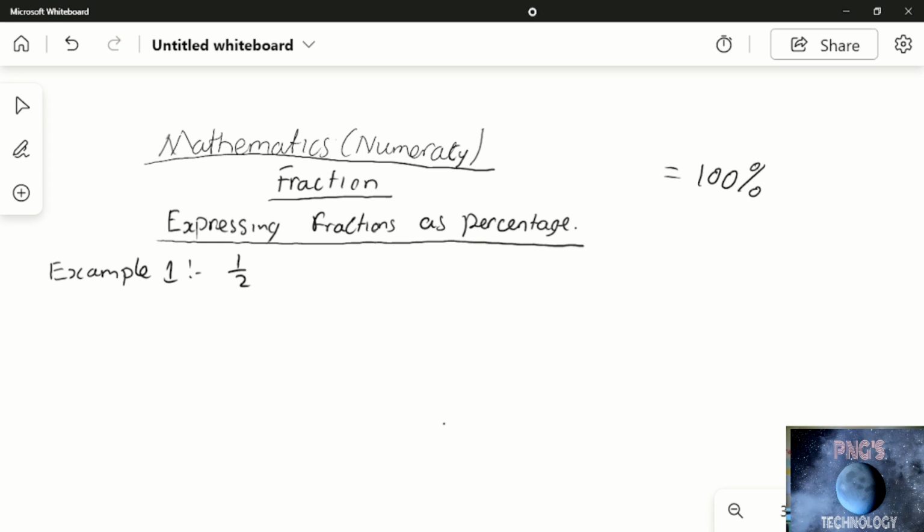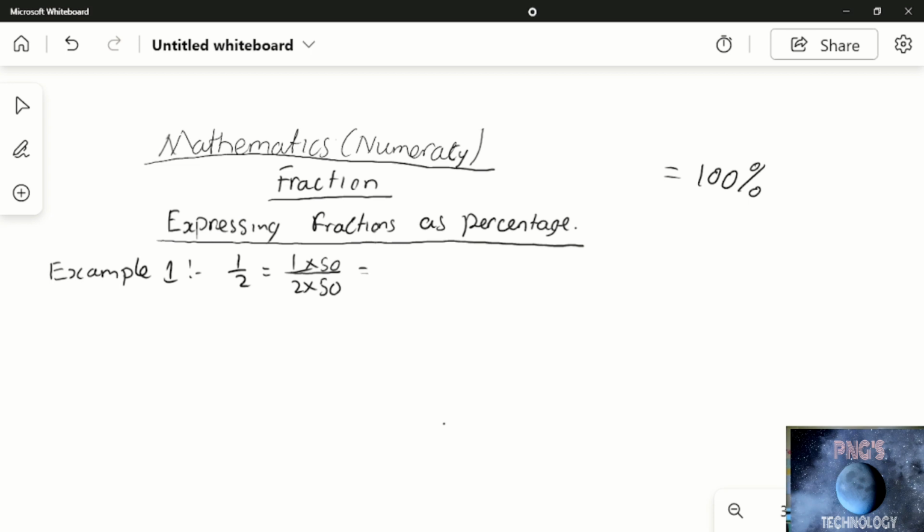So in doing this, the best way is, how can you make 2 become 100 in percentage? 2 times 50 will give me 100, right? So I will raise this multiplier up to the numerator. I will have it as times 50 also.